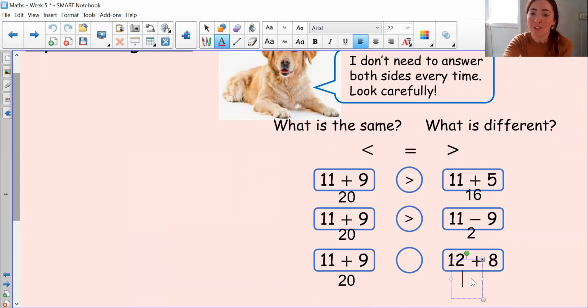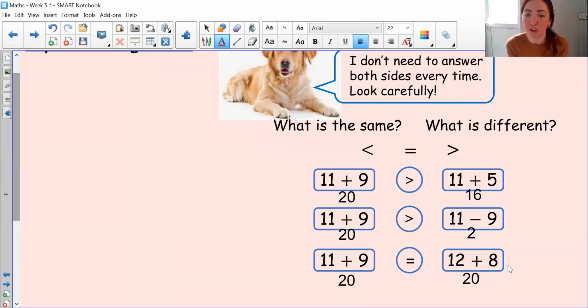So that must also be 20 because we've got 10 and then our number 1 to 10. 10 and 10 is 20. So it is equal. So 11 add 9 is equal to 12 add 8.